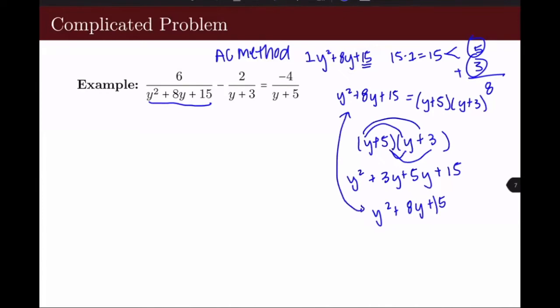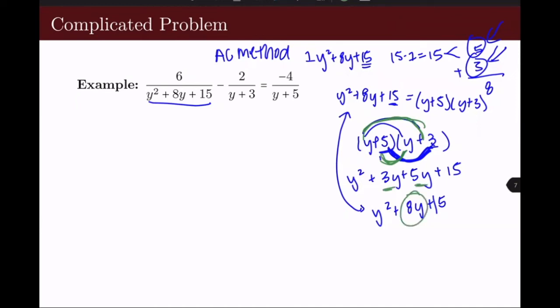So essentially what you're doing when you're doing the AC method up here is you're finding these two numbers. So you can see that this last step, when we distribute out multiplying two binomials, is multiplying these two numbers together, right? So that's why they have to multiply to 15. But these intermediate steps, where we do the 5 multiplied by the y and the y multiplied by the 3, those are adding to our middle term.